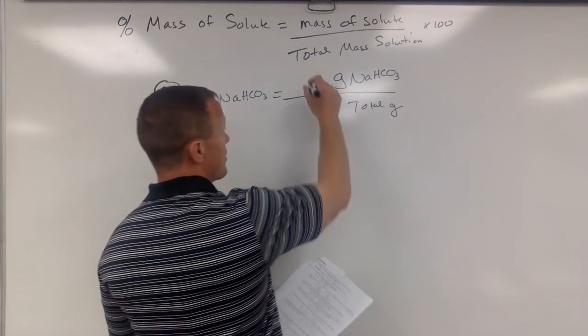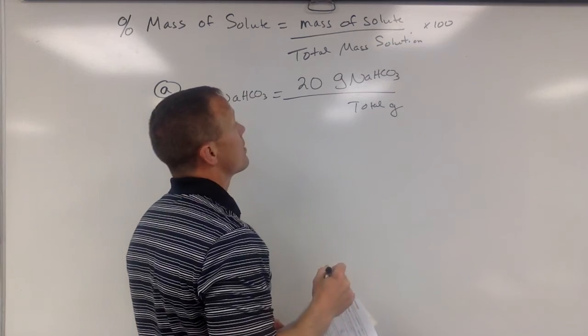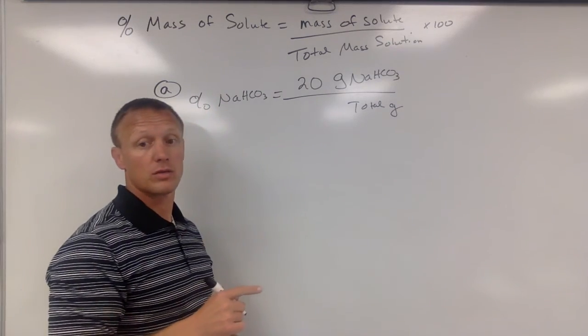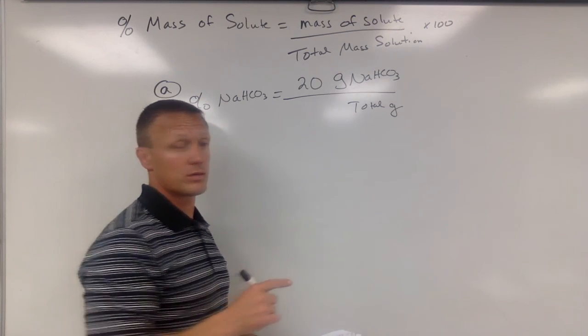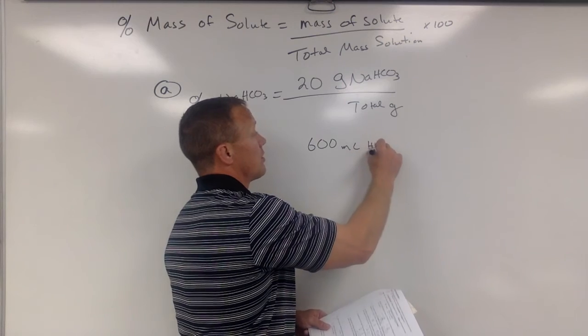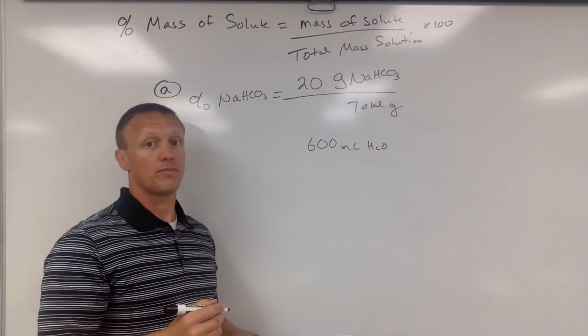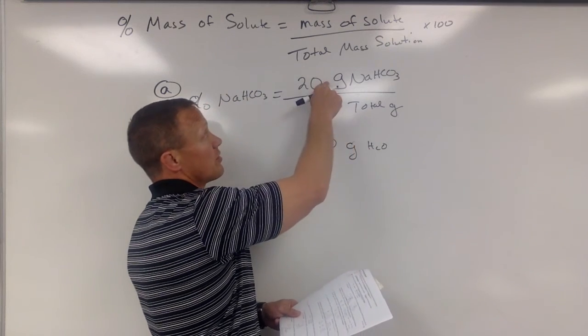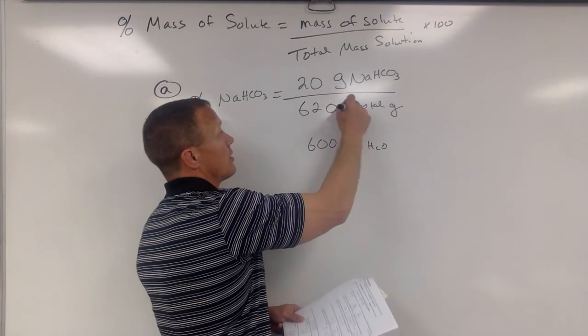Now it tells you have 20 grams of sodium bicarbonate. And then for the total grams, you have 600 milliliters of water, which is 600 grams of water, because every milliliter of water is a gram. So don't divide by 600, but the total, 620 grams total.